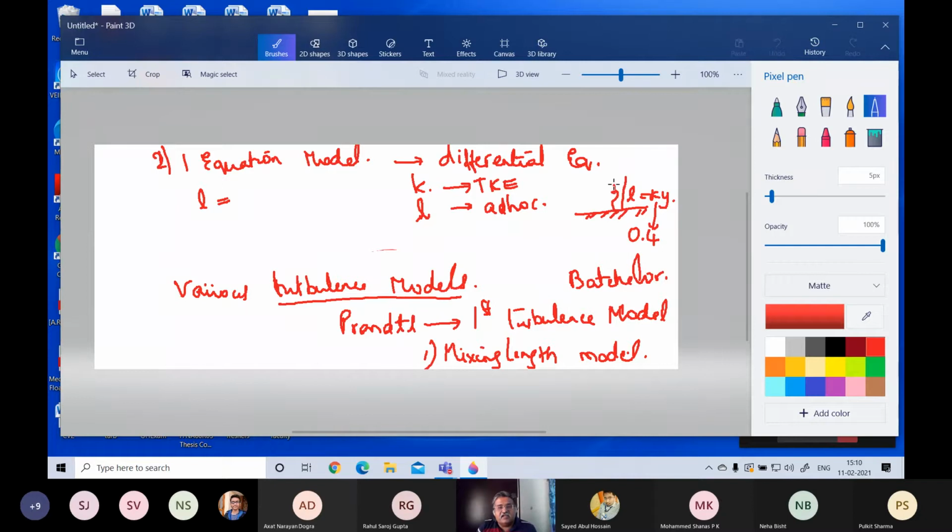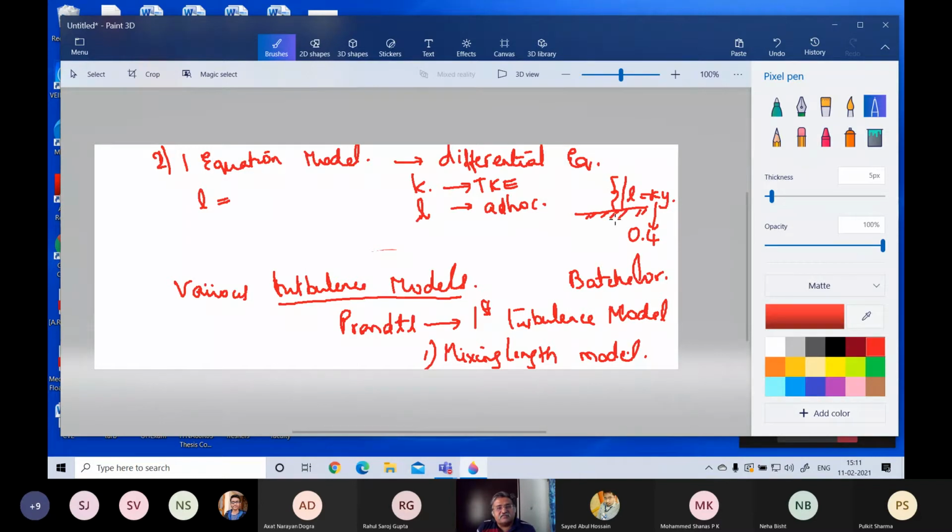So any eddy at a distance y from the wall will have a characteristic length scale of L equals kappa y. This assumption was also made by Prandtl, and it's true for some very basic types of flows, very simple flows over a boundary, for example over a flat plate sometimes, or over a horizontal wall.